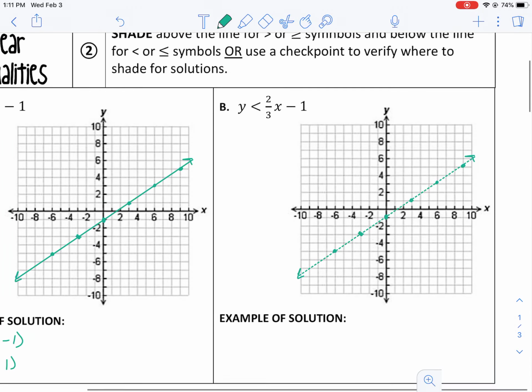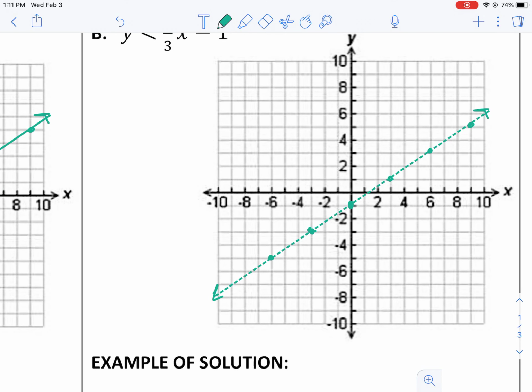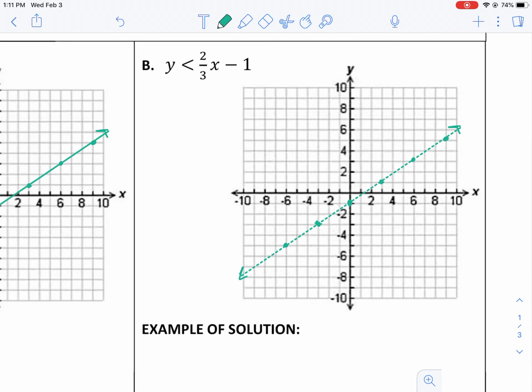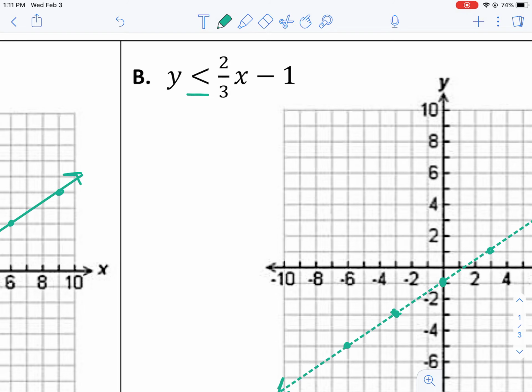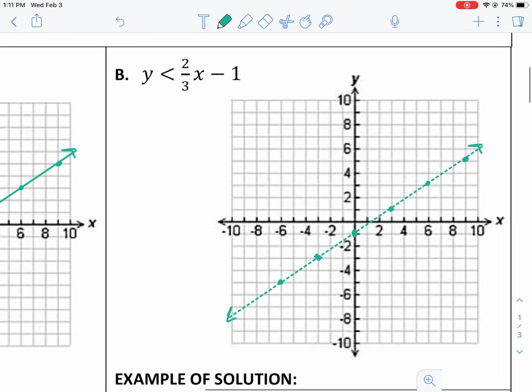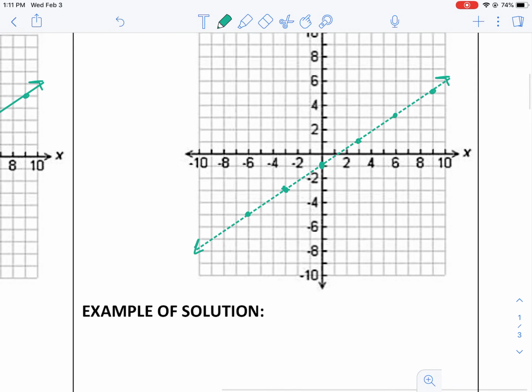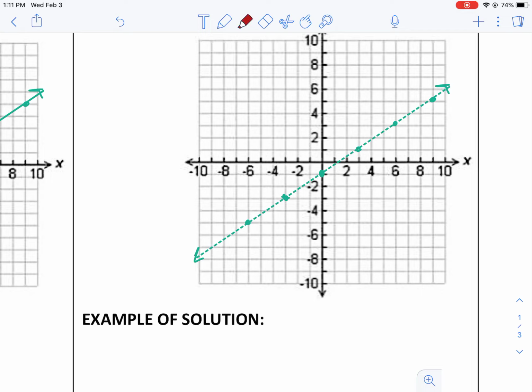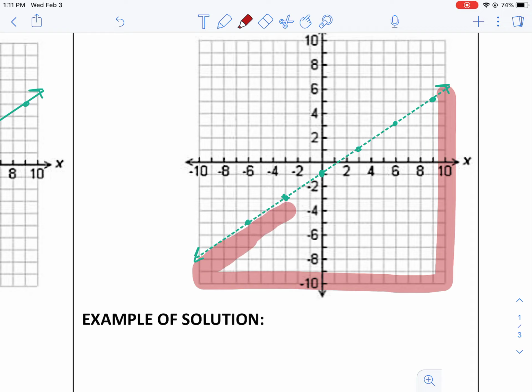So our points, our solutions can't actually come on the line. The second thing is that it's a less than sign. So we don't want to be, like I said, equal to the line. We want to be less than the line. So what you're going to do is you're actually going to shade. And you're going to shade the whole area that's less than the line.